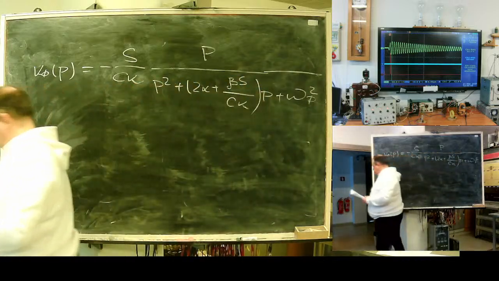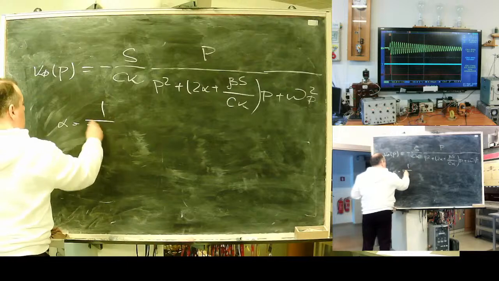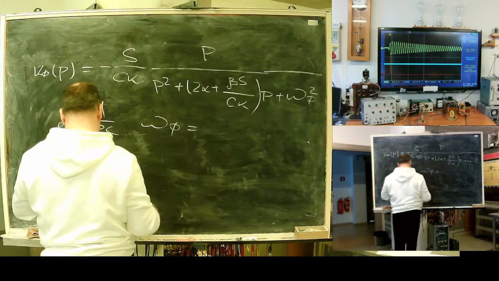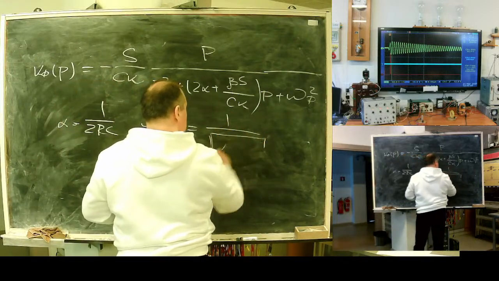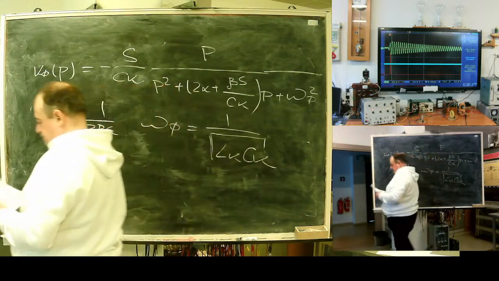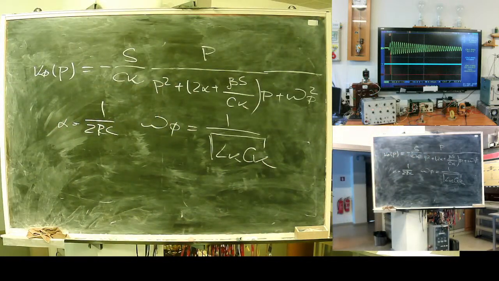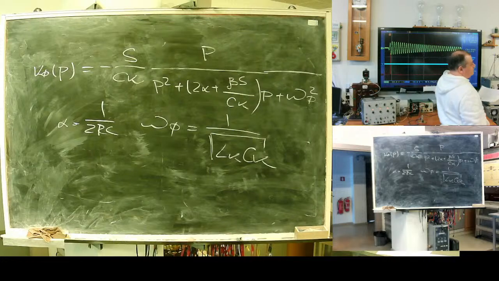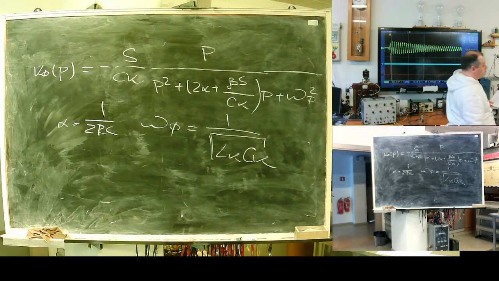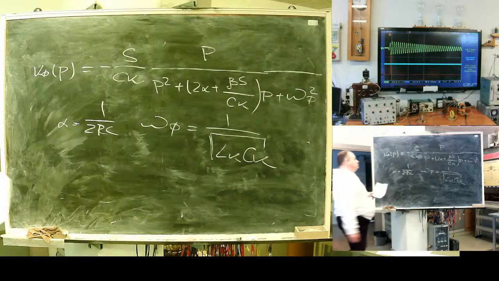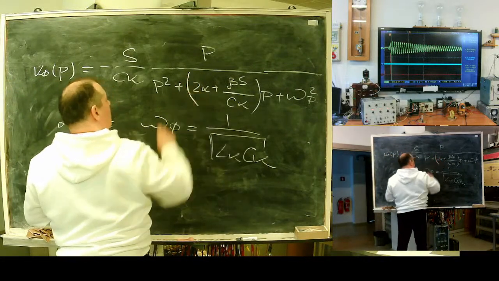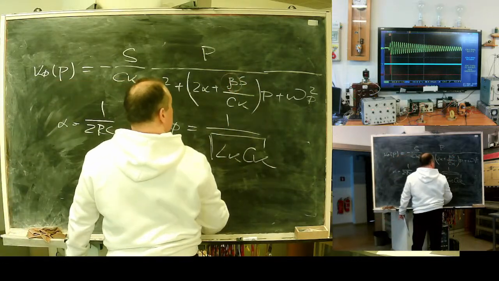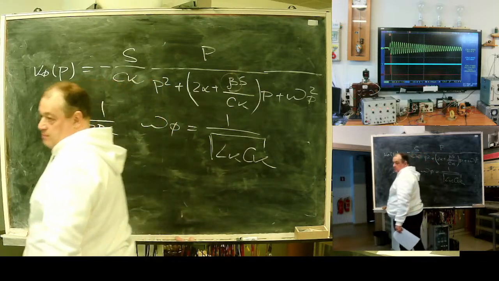Here alpha is from the resonance circuit's losses and omega 0 equals 1 over the square root of ck. Here is the transfer function. Very simple. Overall transfer function of the system. I'm simplifying a bit.